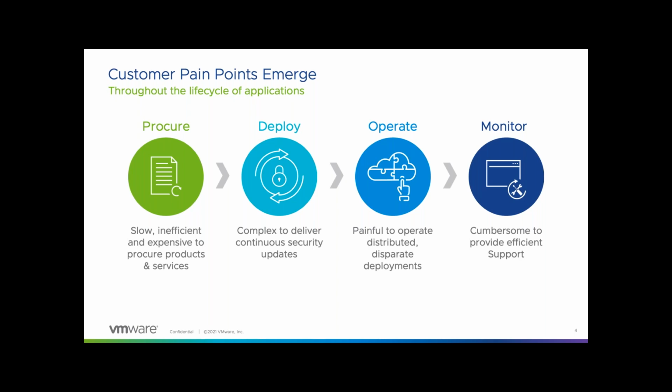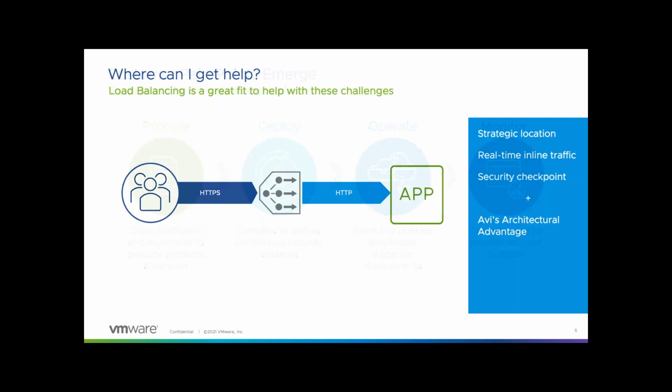Now, is there a place where customers can find solace and figure out if they can deploy tactics to combat these problems? It so happens that load balancing and application delivery is in a sweet spot to address most of these challenges, be it load balancing being placed in a strategic location, being able to see inline traffic, which it can use to get real-time data and make decisions out of it.